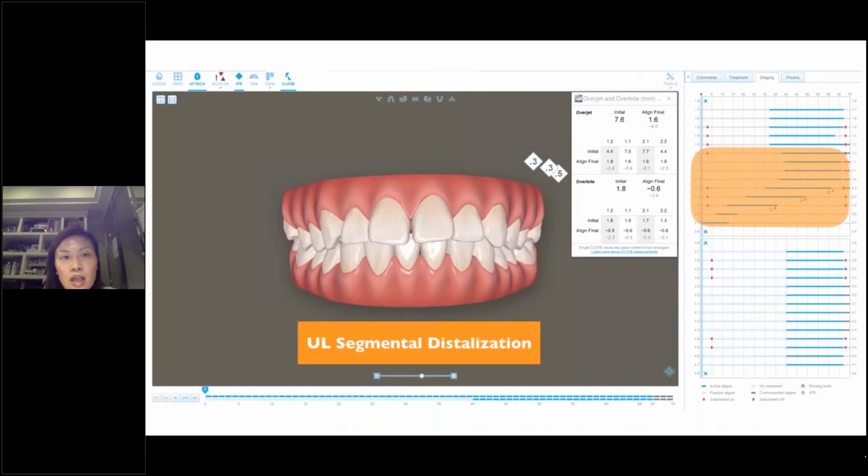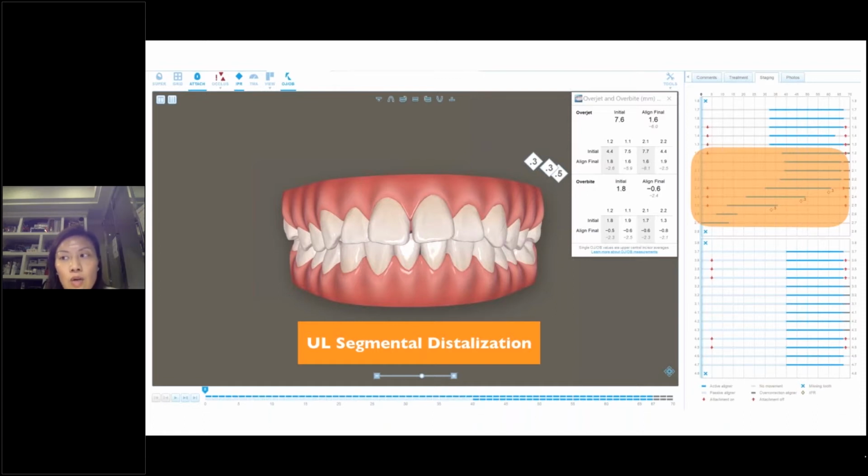As you can see here, on the first set there were 70 aligners. He has an overjet of 7.6 to start off with, and an overbite of about 2. We want to finish at an overjet of 2 and an overbite of about 0.6. On the upper arch, it is simultaneous retraction on the right. However, on the left, we plan segmental distalization for him.